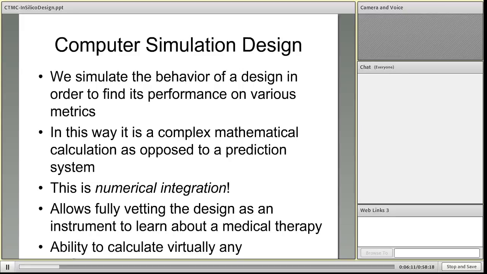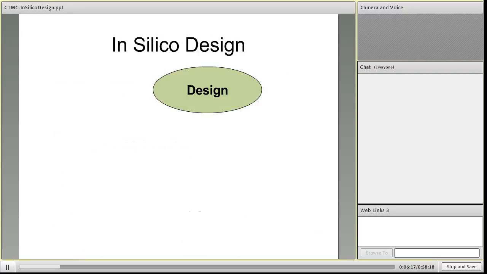So we put the design in software in silico to explore how well it works. So what does that look like? We can think of the design as the unit we are testing here. We're building an assay for the design, essentially, where we're interested in how well that design works. So what we do is we create some assumptions about how well the drug works.